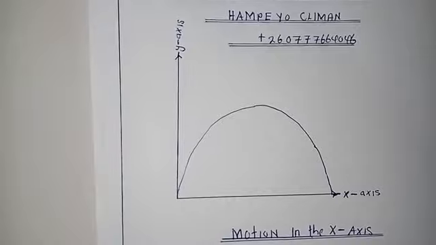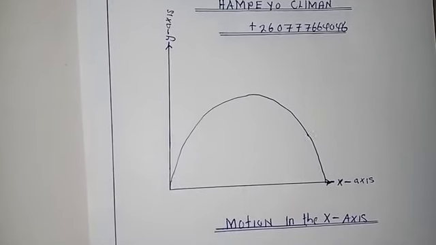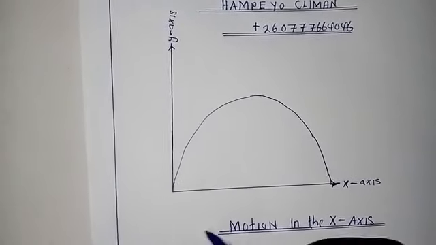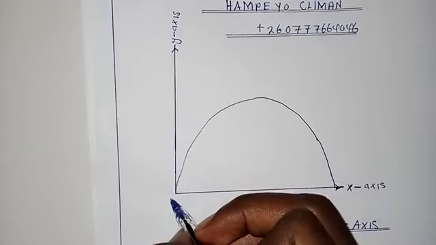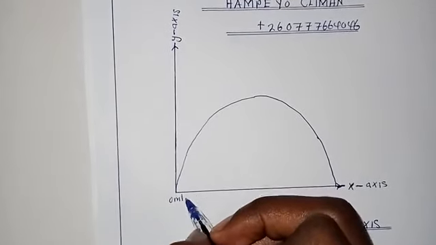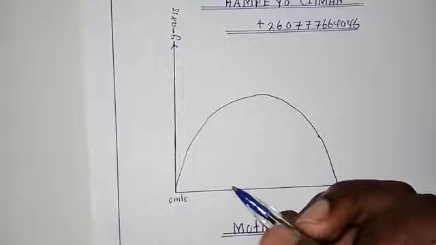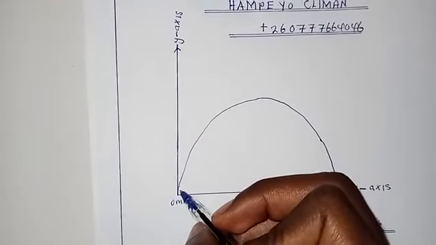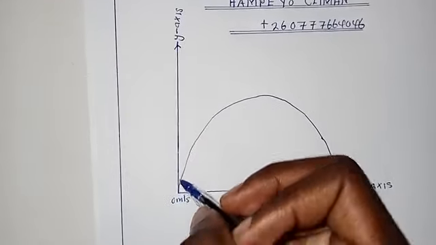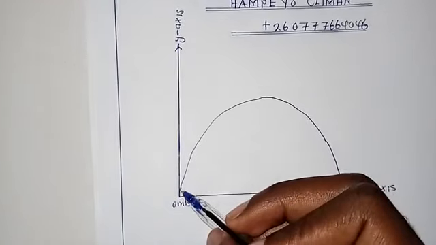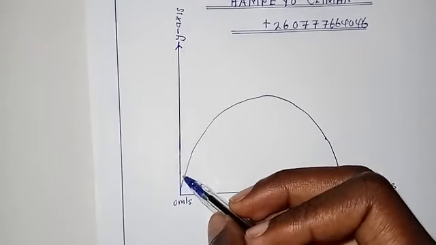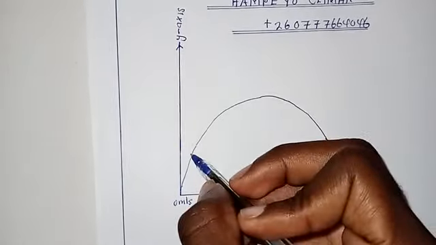What do we mean when we say motion in 2 dimensions? For example, let's say this is 0 meters per second. Then we have a person at this position, then this person happens to throw a stone. Then we expect this stone to simply take this motion.